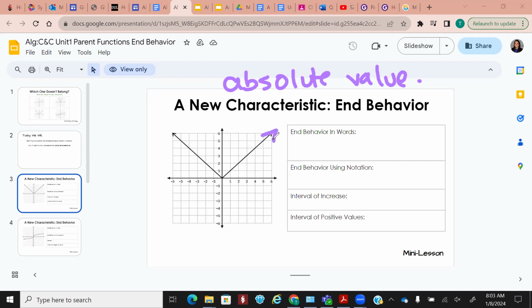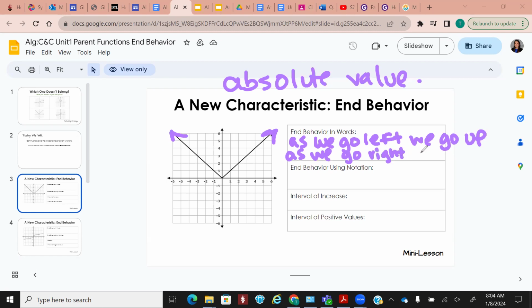So looking at this arrow right here and right here, where is the graph going when it goes to the left? It's going up, right? Which is infinity. So as we go left, we go up. Now, as we move to the right, what's happening? We go up. So as we go right, we go up, right?